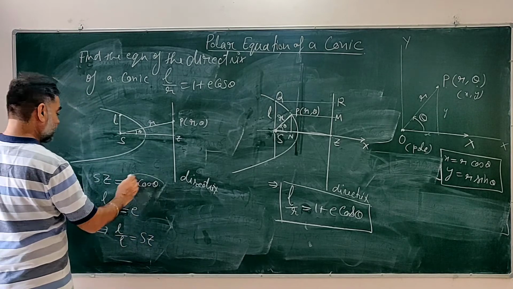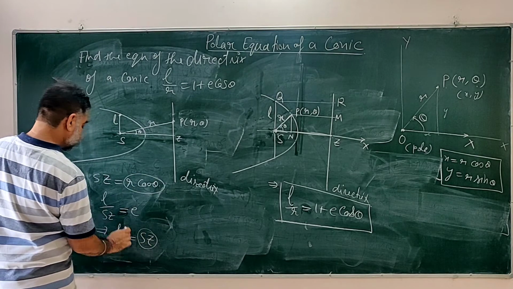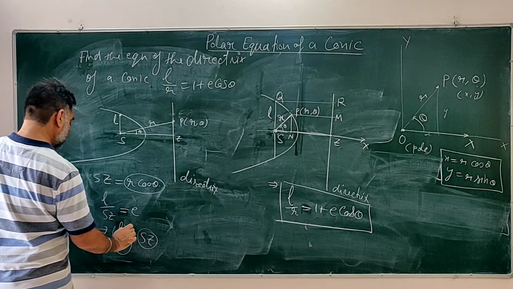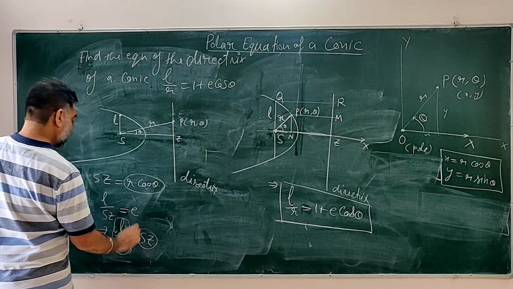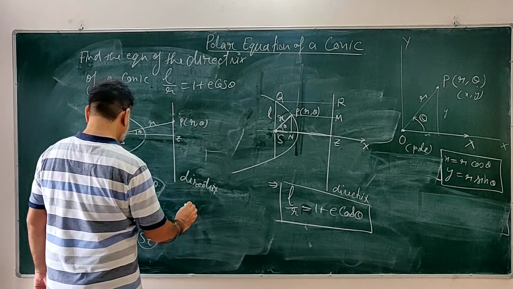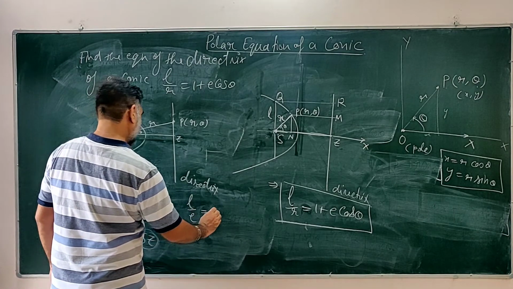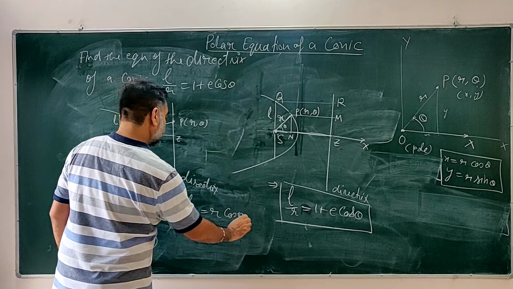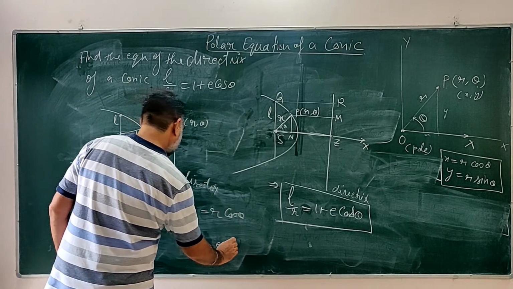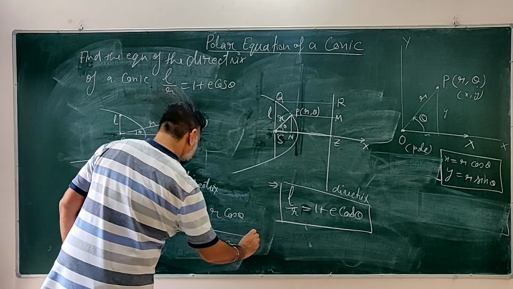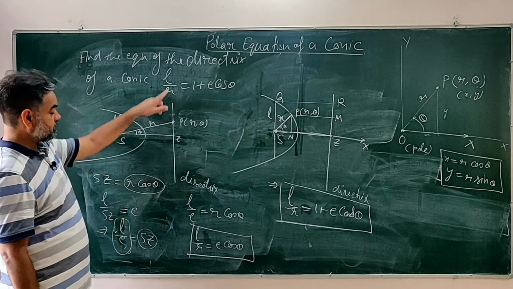So you have got Sz is equal to r cos theta, and Sz is also equal to L over e. Equating these two, you get L over e is equal to r cos theta, or we write it as L over r is equal to e cos theta. So this is the equation of the directrix.